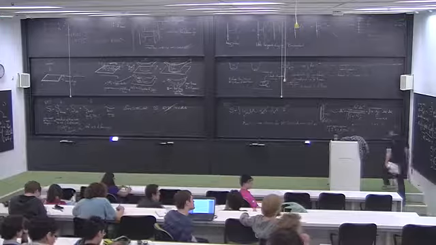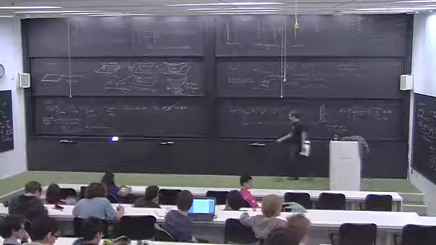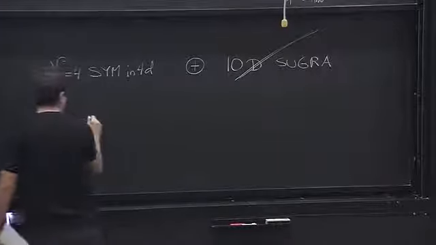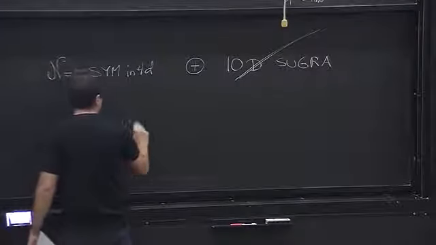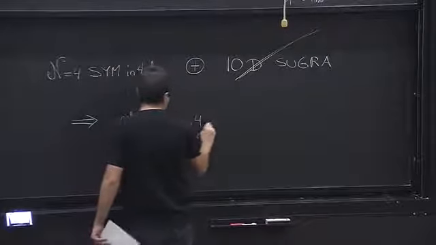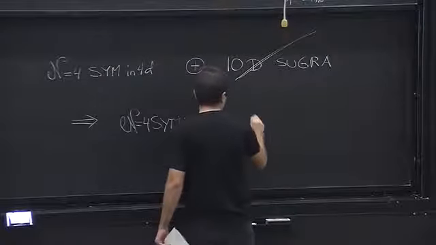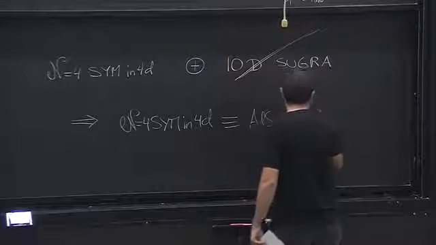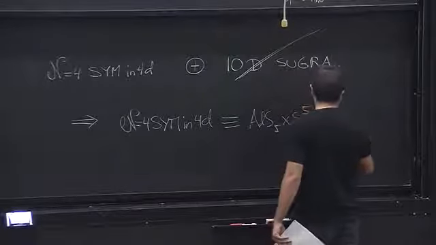And therefore, we derive, we conclude that N equals 4 super Yang-Mills in 4 dimensions is equal to AdS5 times S5 string theory.